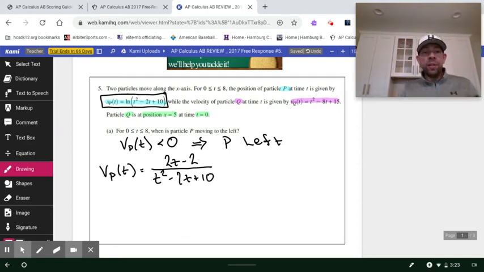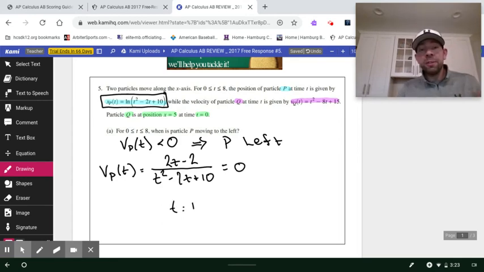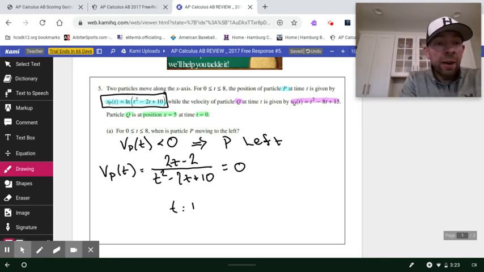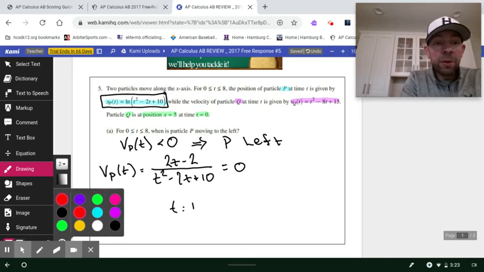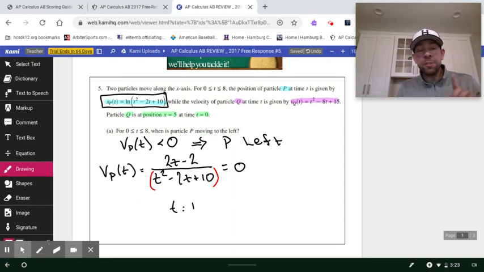Now, what I want to do with this velocity is set it equal to 0, basically identify all the critical points I can. Not only am I setting the numerator equal to 0, which is going to produce t equals 1, but I should also be entertaining the idea of setting the denominator equal to 0. I was really hoping that denominator was factorable, but you'll notice you can't factor this, which makes me very suspicious that the roots are imaginary.